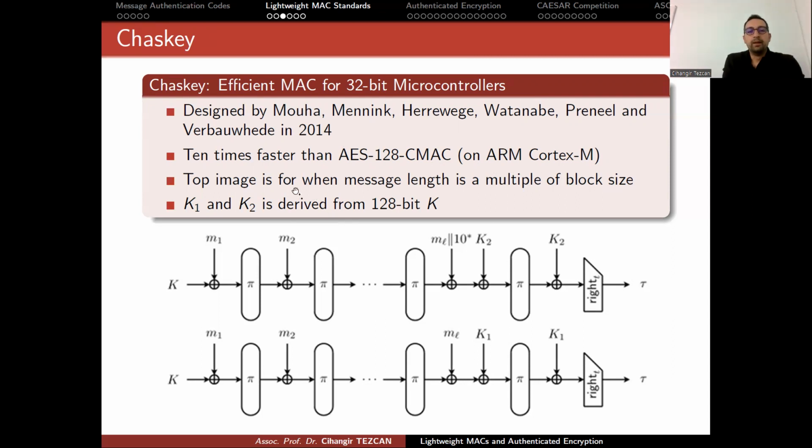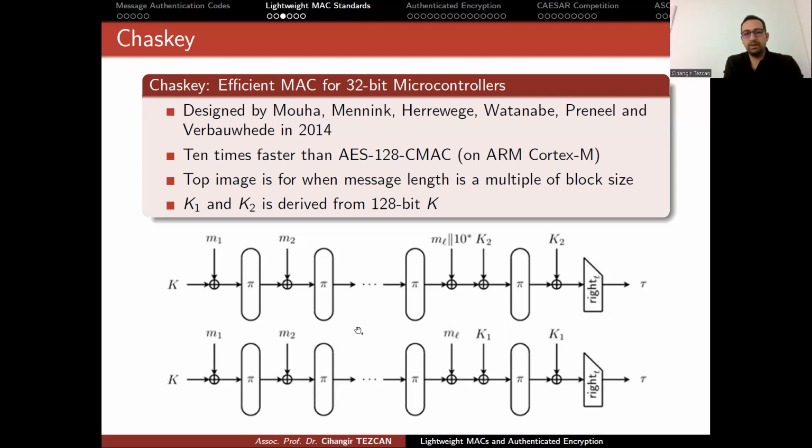Okay. This top image is for when the message length is a multiple of block size. And the bottom one, actually it should be the converse, right? The bottom one should be the case when your message length is a multiple of block size. When it is not, you perform this padding.